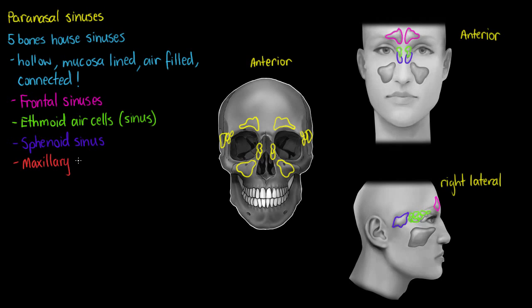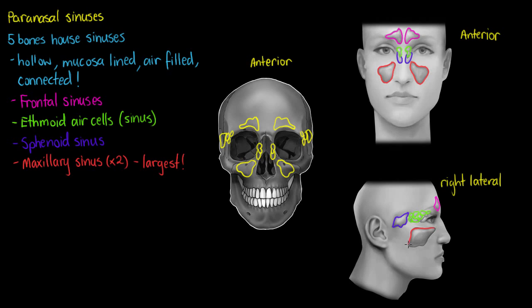Our next and largest are the maxillary sinuses, and we classify those as 2, because our maxilla or our maxillary bone is fused into 2 units. So the 2 maxillary sinuses there, and they are by far the largest of the sinuses we have in the skull.